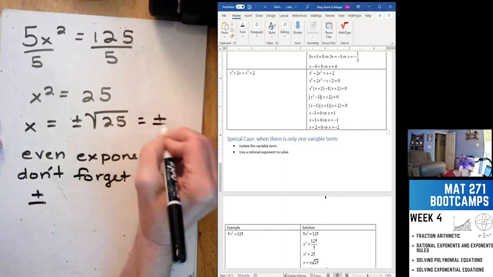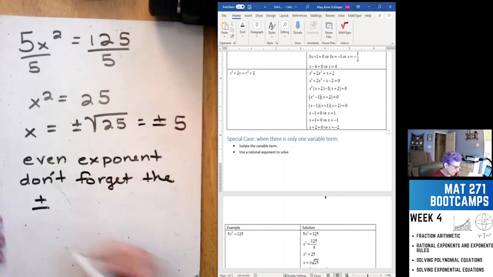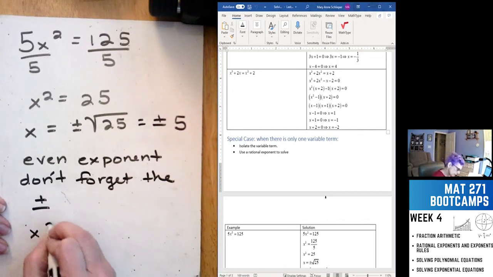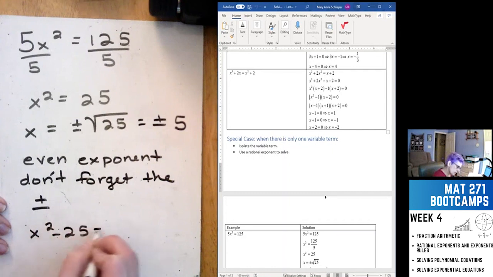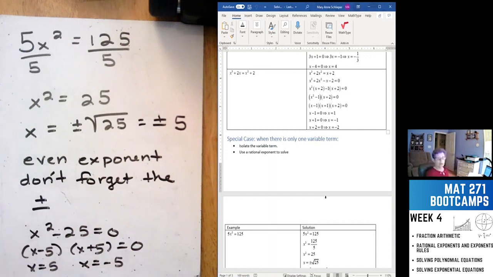So this could be plus or minus 5. Now, if you think you're going to forget, then don't do it that way. Do it this way. X squared minus 25 is equal to 0. That's a difference of 2 squares. So x is 5, or x equals negative 5.